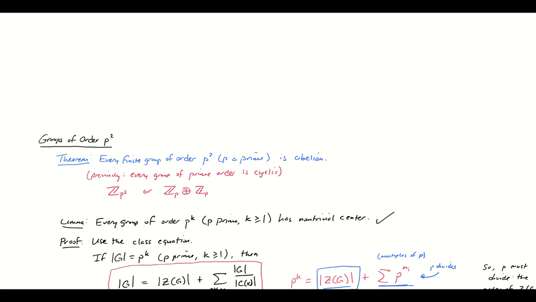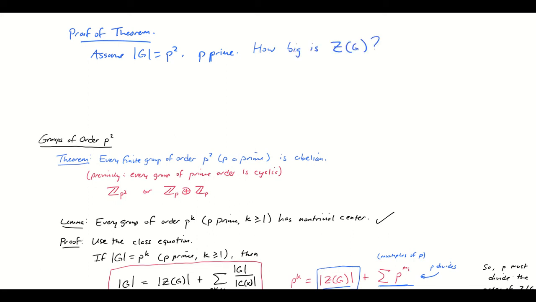Okay, so here's the proof of the theorem. All right, well, let's assume the order of G is p squared, p a prime. So now the question I'm going to ask is, how big is the center of G? Because I think there's three options. Because I know that the center of G has to be a subgroup of G. That's something we've proven.